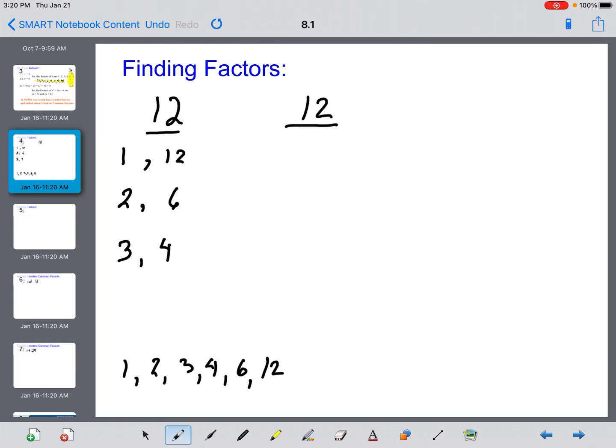One method that I have seen students do in school is that 12 is 2 times 6. And 2 is a prime number. And then 6 is 2 times 3. So the prime factorization of 12 is 2 times 2 times 3.